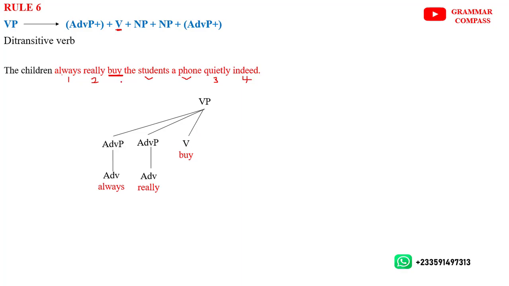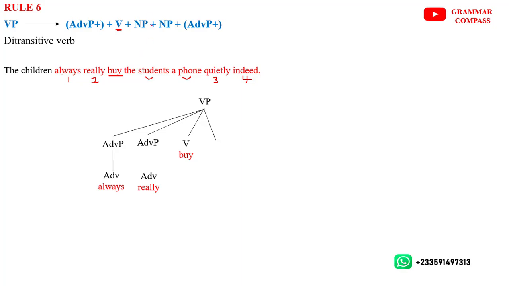Now to the constituents that fall on the right of the head, we have the 2 noun phrases. The students becomes our indirect object, where the phone becomes our direct object. So both of them are noun phrases after the head. Therefore, let us expand the first noun phrase, that is the students. So we draw a branch to represent the students.